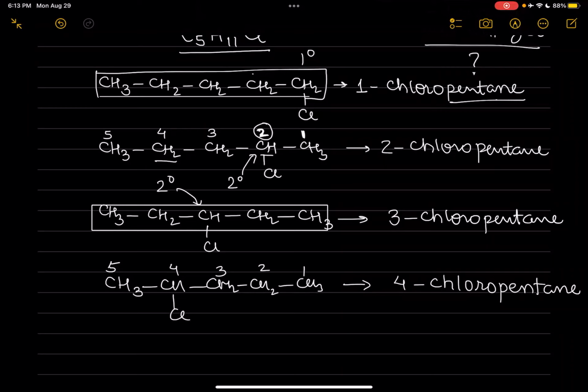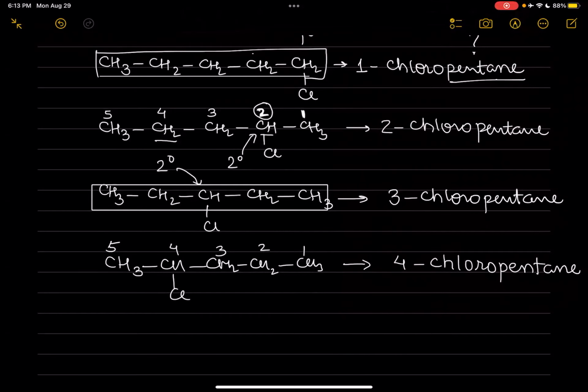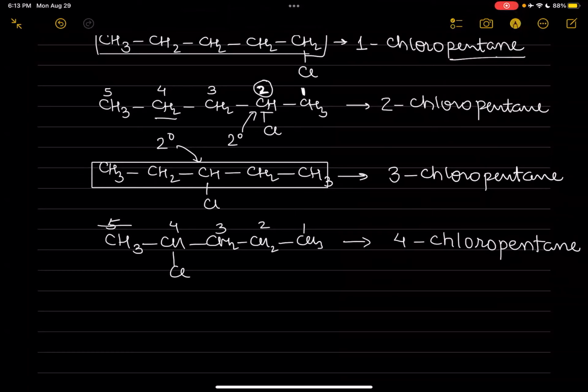Actually, you need to do the numbering from the side which gives the lower number to the carbon atom bearing the halogen. So we are showing 4-chloro, but this numbering is incorrect.